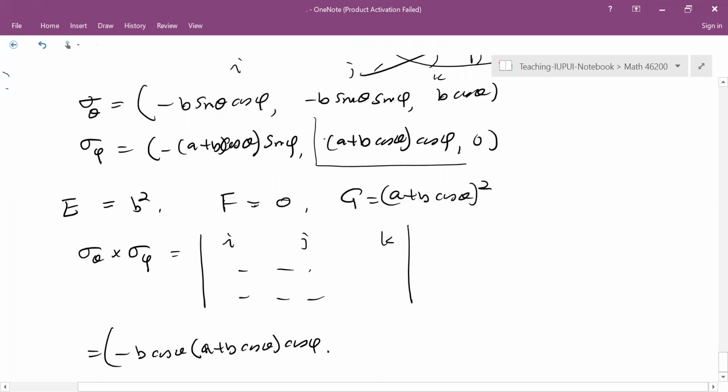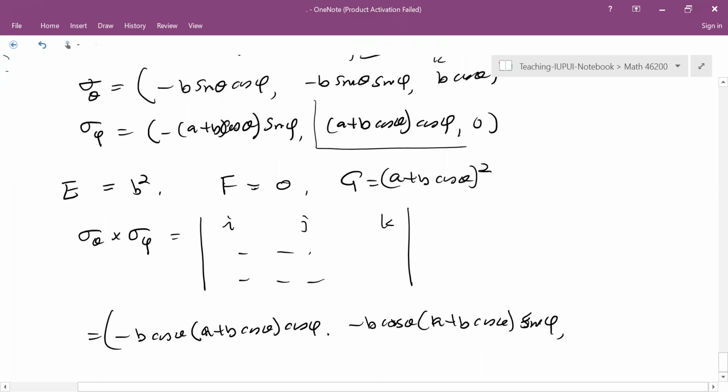So it's minus, so it's actually negative b cosine theta, a plus b cosine theta sine phi. Finally, the last one is going to be the same constant.